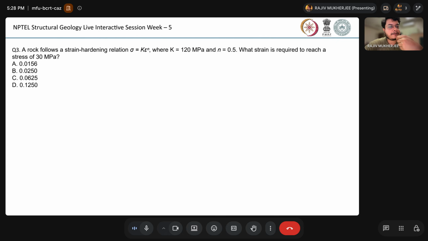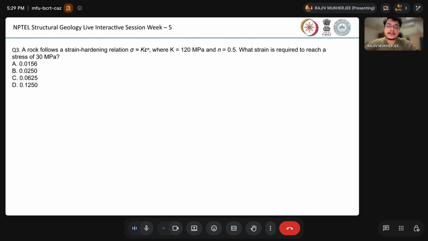On the other hand, if the opposite happens, and the requirement of stress to impose a unit amount of permanent strain keeps on decreasing post yield, then that response is called a strain softening response.